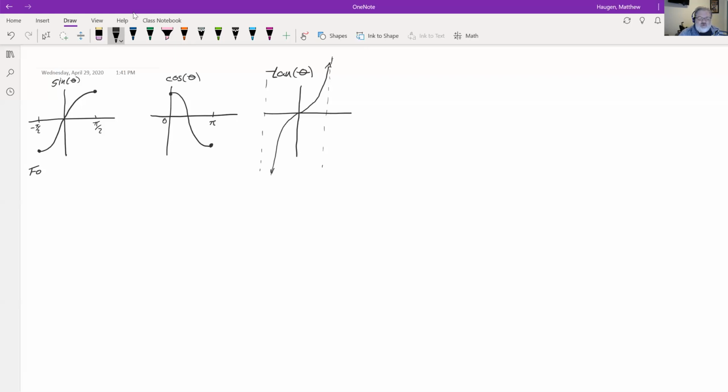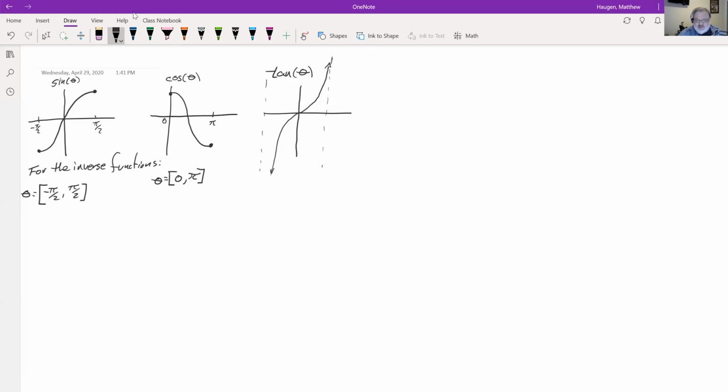So for the inverse functions, for sine, we only consider angles that are between negative pi over 2 and pi over 2. For cosine, we only consider angles that are between 0 and pi.